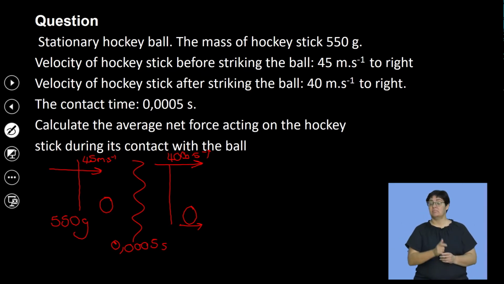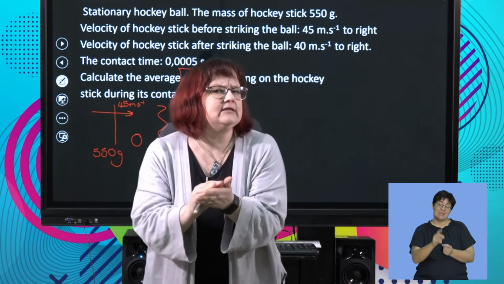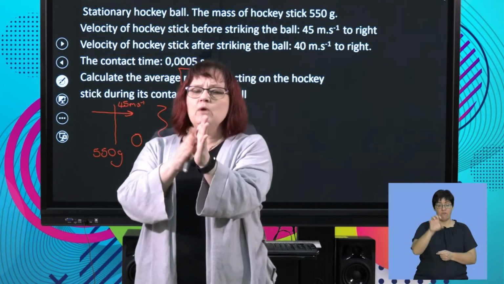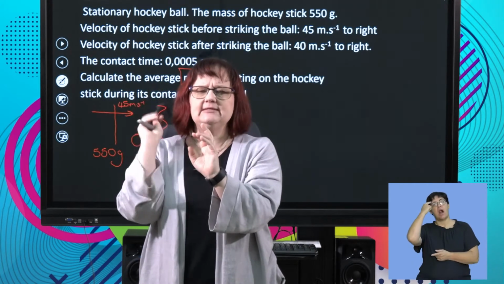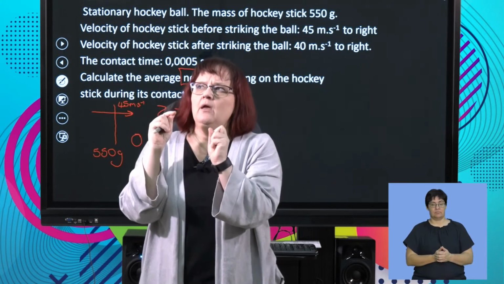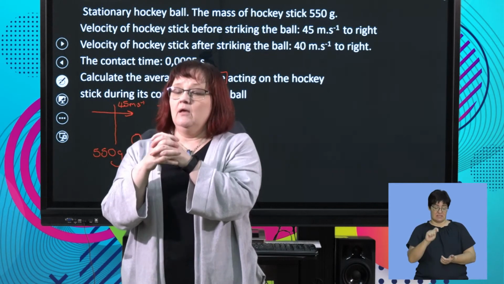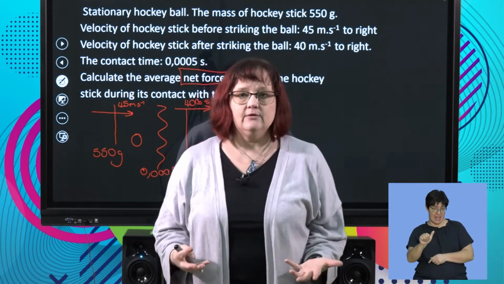Now they tell me, calculate the average net force acting on the hockey stick during its contact with the ball. Net force. As soon as we see the word net force, we must be thinking Newton's second law. So, I could go F net equals ma if I could work out the acceleration.